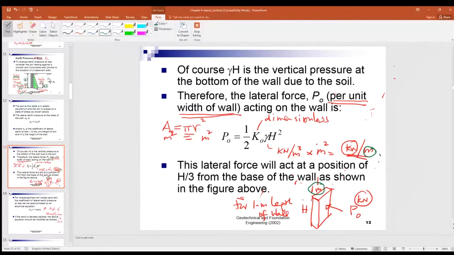So you understand the meaning of this P naught? kN is the force acting for every meter length of the wall. And the position of the P naught is 1/3 of the height from the base of the wall.